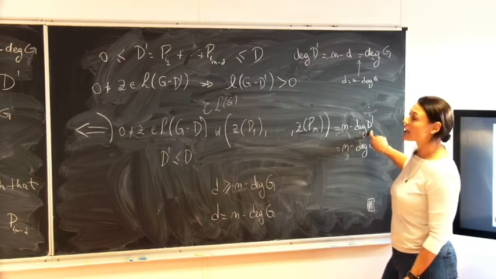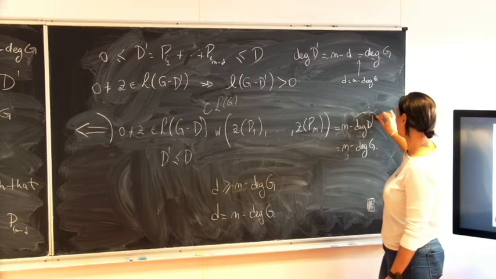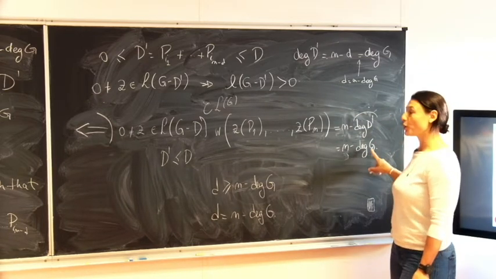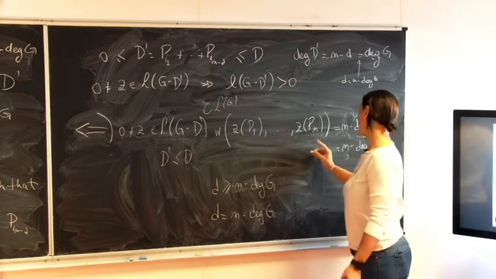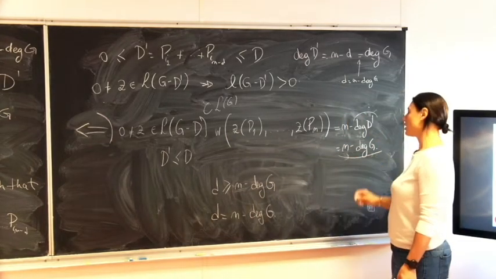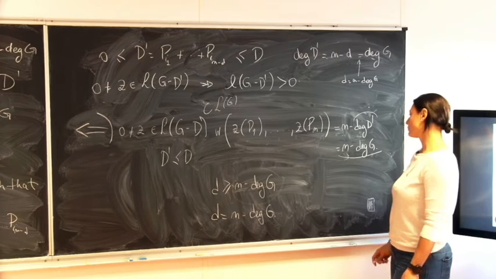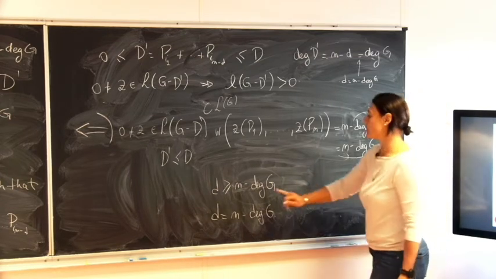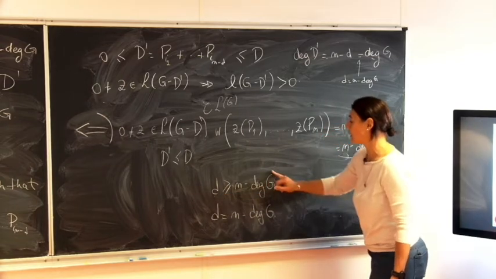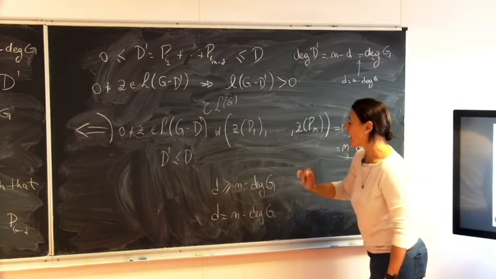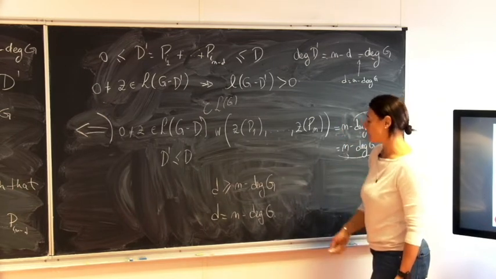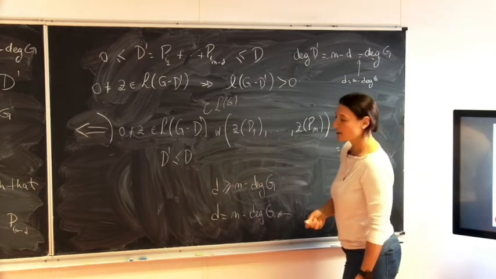But my hypothesis was that degree of d prime was exactly the degree of g. So this word has n minus degree of g non-zero coordinates. And since the minimum distance is bounded from below by this quantity, and I have a word that attains exactly this quantity, then this has to be the minimum distance.